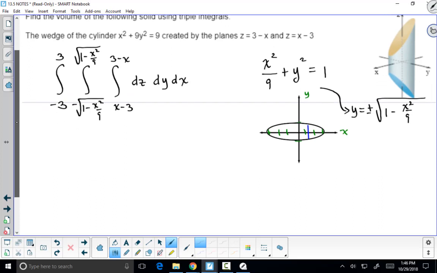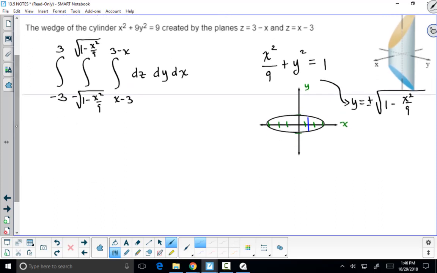And if we wanted to set it up with cylindrical, let's convert it. We'll still do a triple integral, so we're going to do dz, dr, d theta, and the z's on the inside. Do those change? No. You think those change?